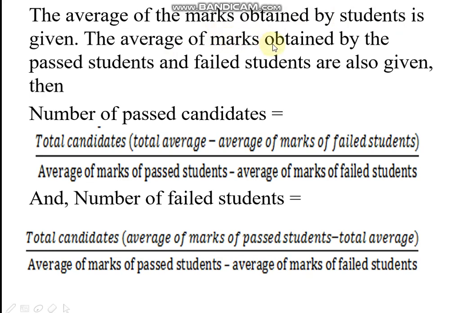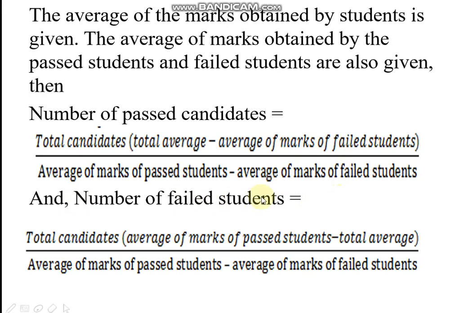The average of the marks obtained by students is given. The average of marks obtained by the passed students and failed students are also given. Then the number of passed candidates equals total candidates into (total average minus average of marks of failed students) divided by (average of marks of passed students minus average of marks of failed students). Using this formula we can find it easily, simply.